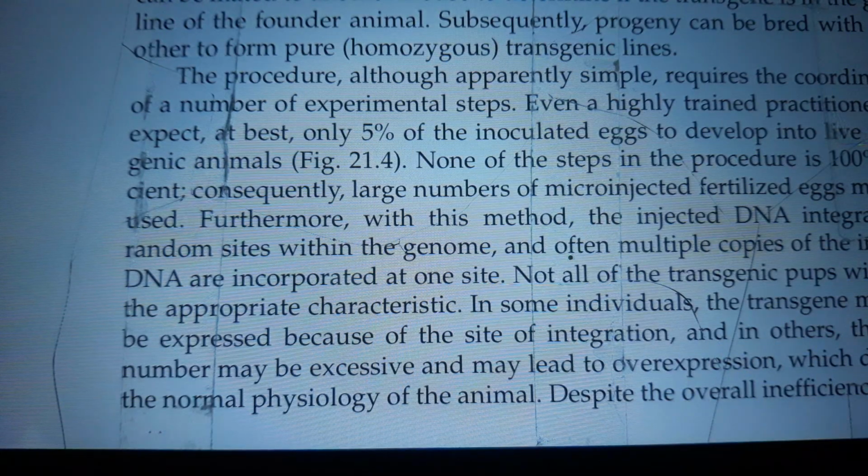The procedure, although apparently simple, requires the coordination of a number of experimental steps. Even a highly trained practitioner can expect, at best, only 5% of the injected eggs to develop into transgenic animals.